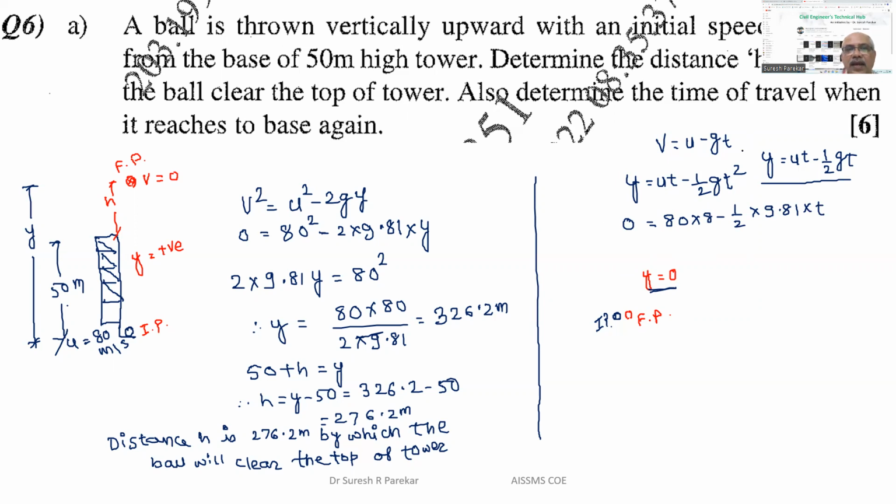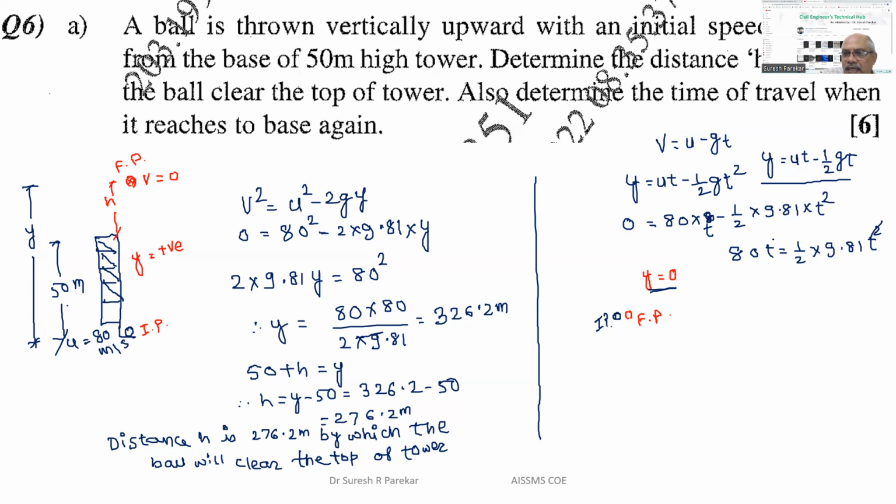Sorry. We have to find t. We have 80 meter and t actually we have to find. So we have 80t minus half into 9.81 into t square. From this we will get 80t is equal to half into 9.81 t square.